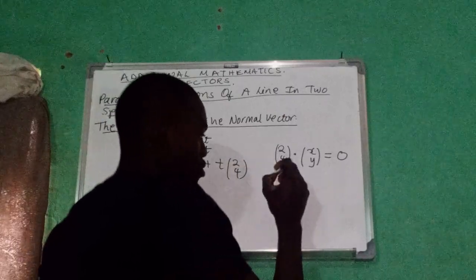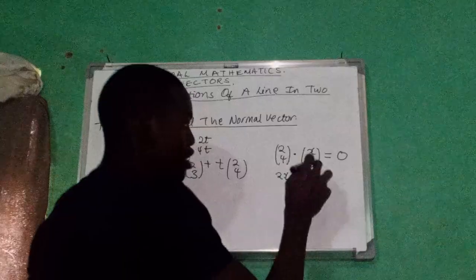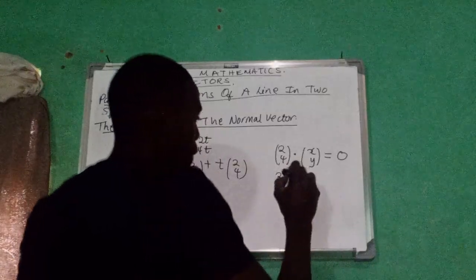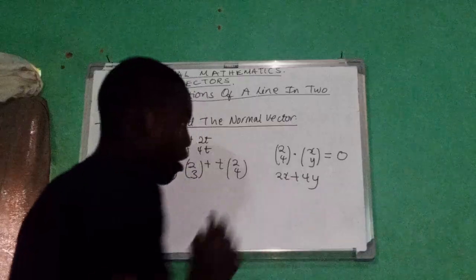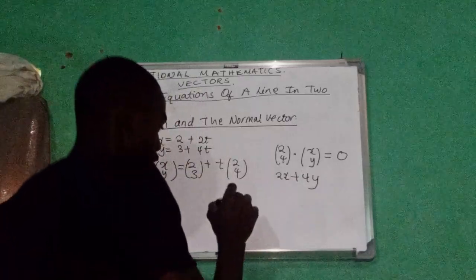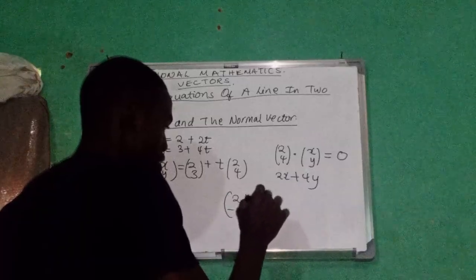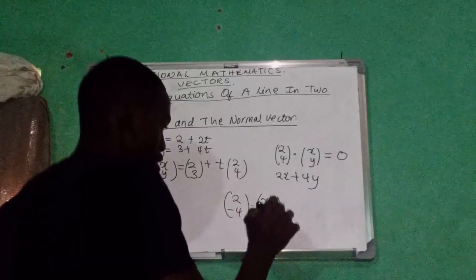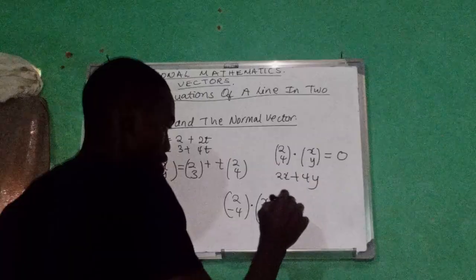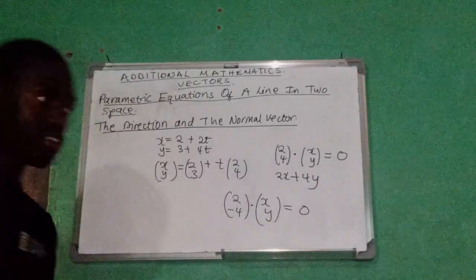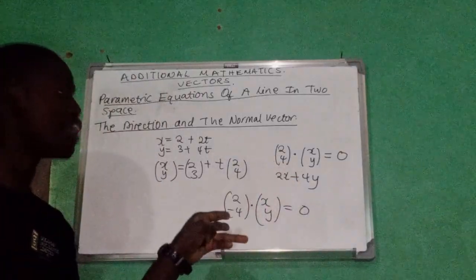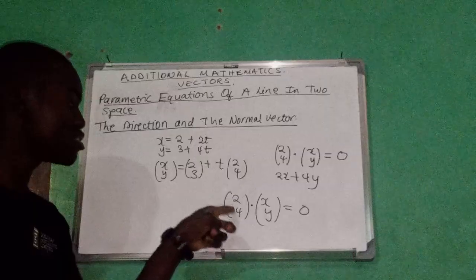So 2 times x is 2x, 4 times y is positive 4y.